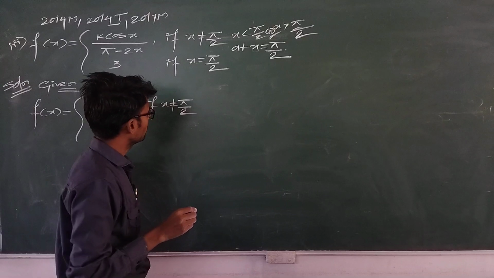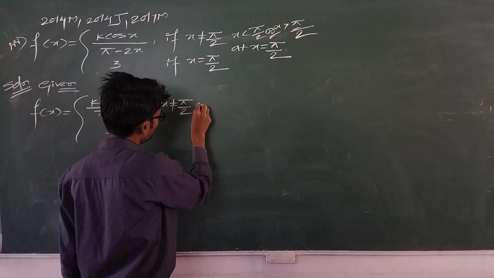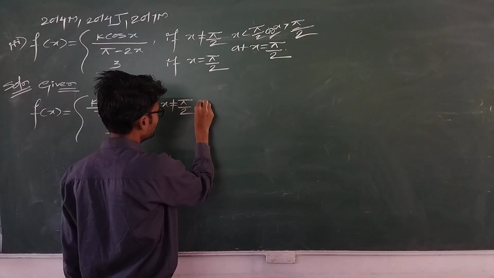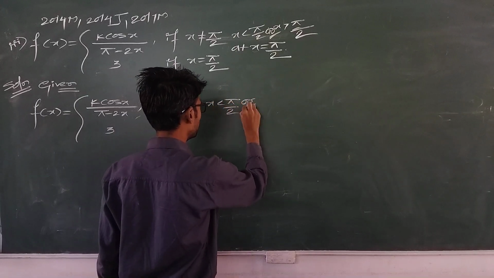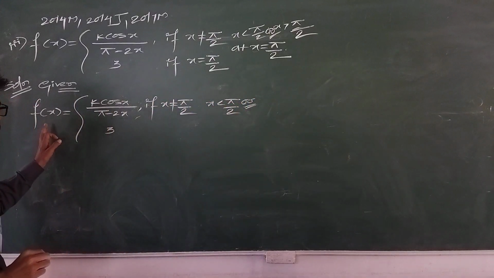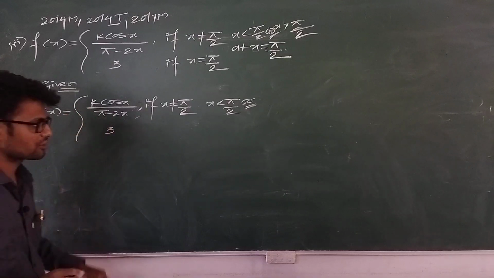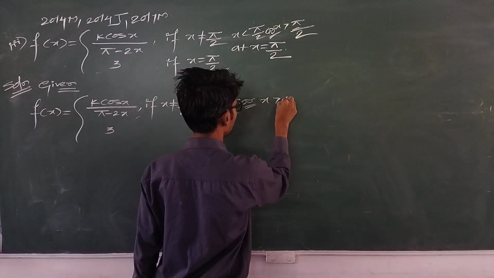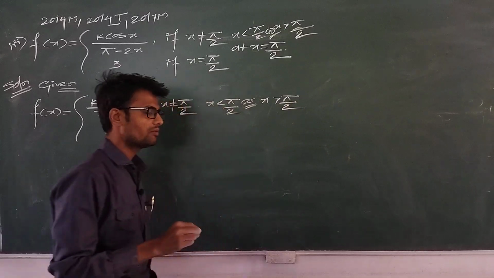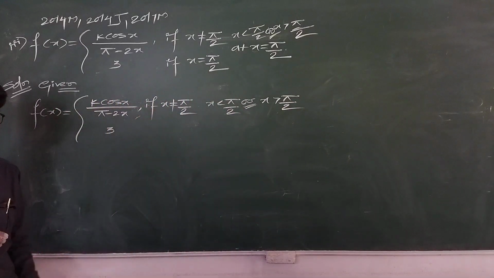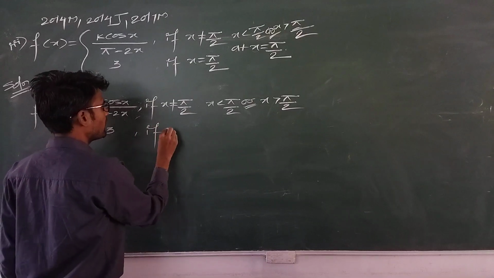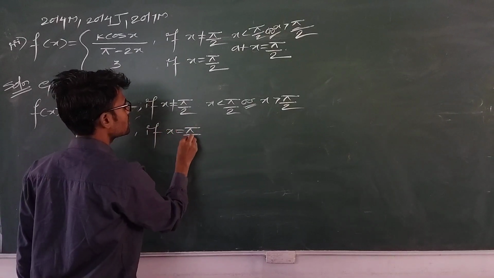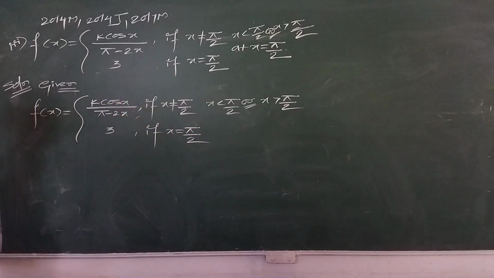If x is not equal to pi by 2, we have two possibilities. One is x less than pi by 2, where the value of the function is k cos x divided by pi minus 2x, and for x greater than pi by 2, the value of the function is k cos x divided by pi minus 2x, and at x equal to pi by 2, the value of the function is 3.